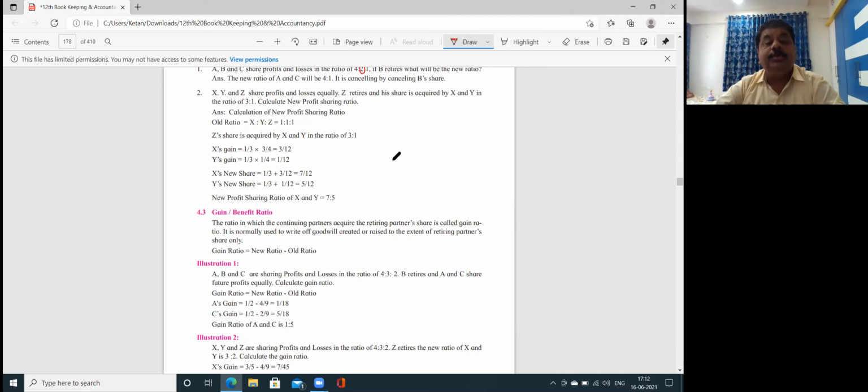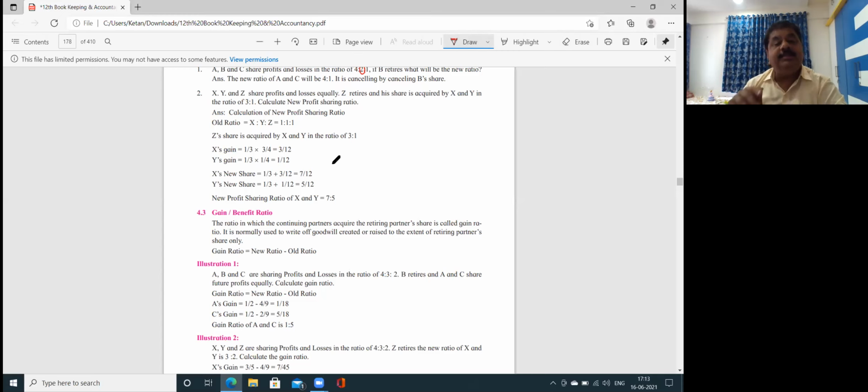See, what is this 1/3? This is the old ratio. And what is 3/4 and 1/4? It is out of this 3:1, 3/4 and 1/4 taken here. After multiplying, we understand that X is getting 3/12 from Z and Y is getting 1/12 from Z.